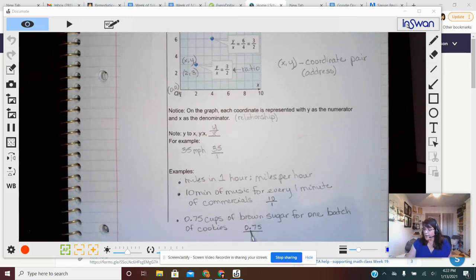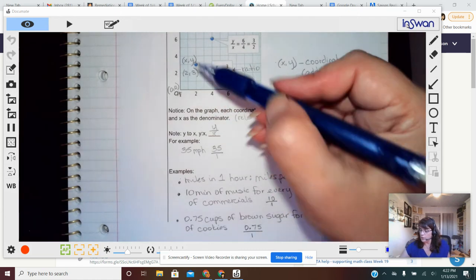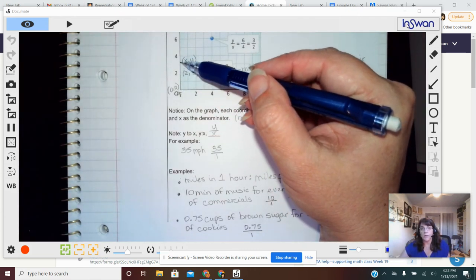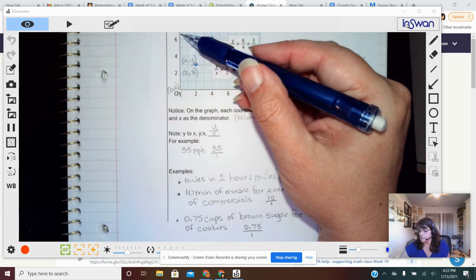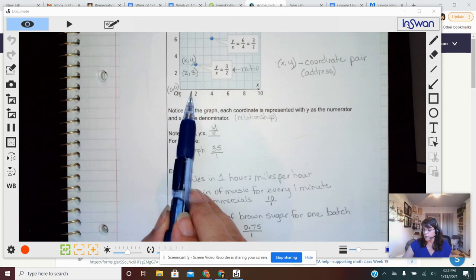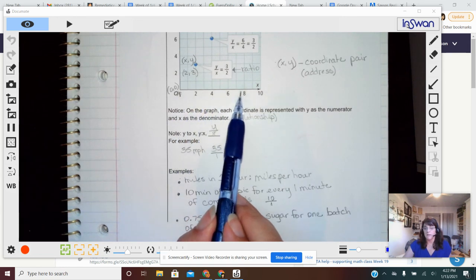So if I was graphing this, the amount of brown sugar I was using would be moving up on the y-axis, and the number of batches of cookies would be moving on the x-axis.